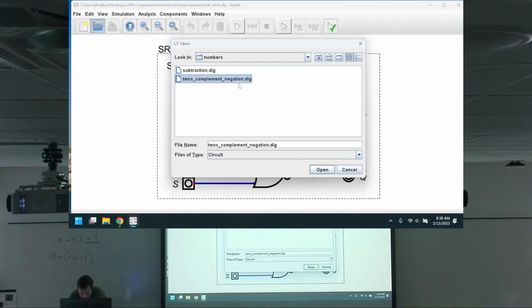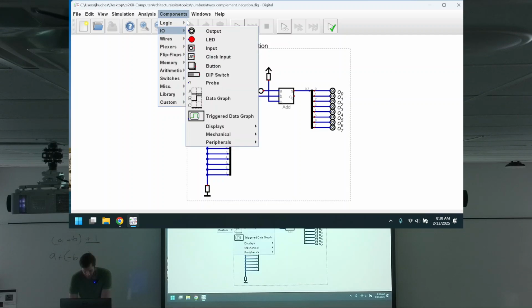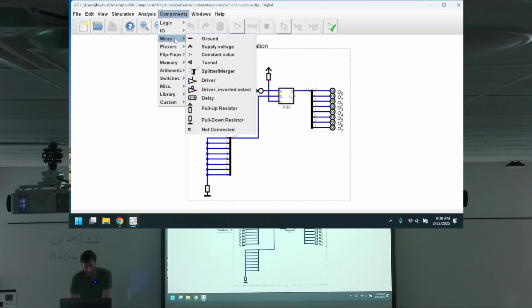Numbers. 2's complement. Negation. Okay. So here we go. By the way, I do switch in the course because this can be a little confusing to people. Not confusing, but there's more circuitry involved. Like you have to know a little bit more. One thing that you might see me use, pay attention to this, this is big.